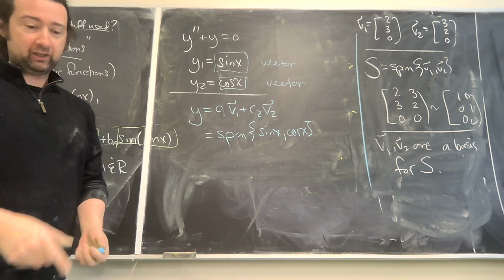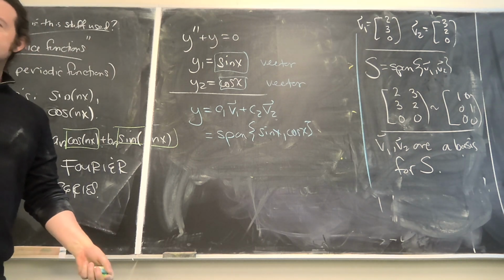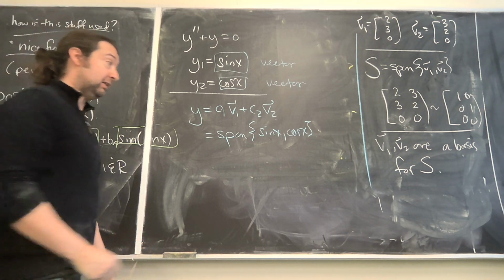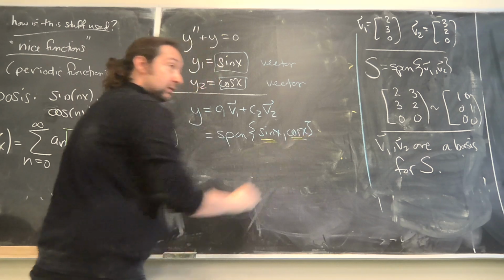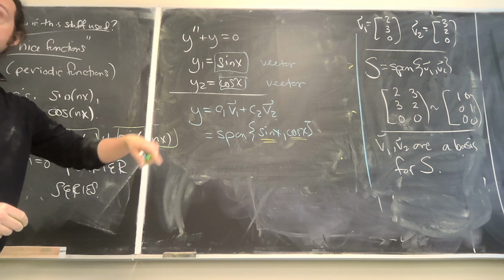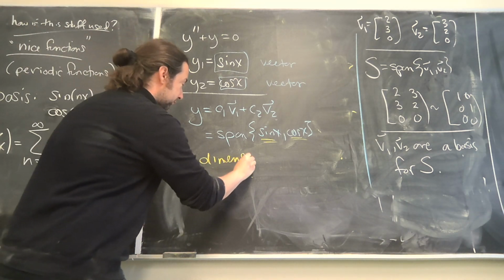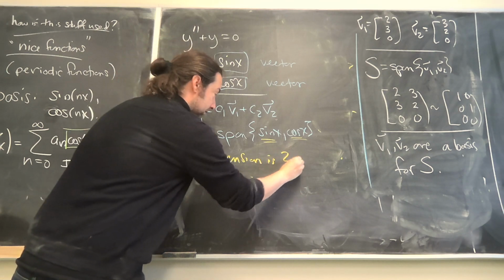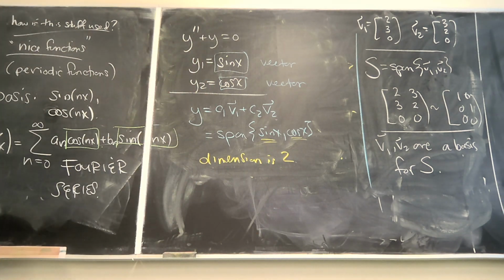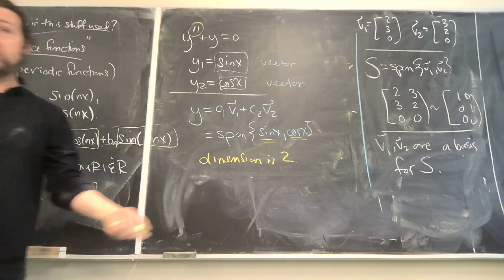If you look in the book, there's this extra bit of the chapter that I haven't talked about right now called the Wronskian. The Wronskian is basically a way of detecting if these are linearly independent. So there's a condition you can use to check that. If they were linearly independent, then we'd say the dimension would be 2. And notice, the dimension being 2 corresponds to the order of the differential equation.